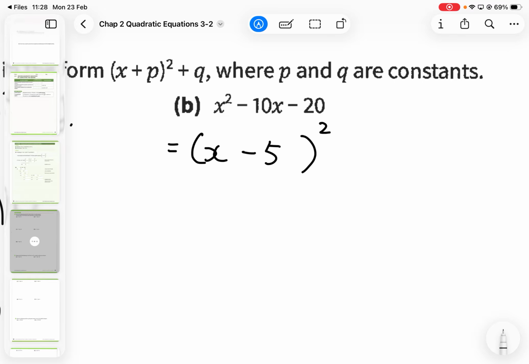I will get minus 5. Because I write minus 5 here, I will create another extra 5 squared. So I have to minus back this 5 squared. Whatever is right here, I minus the square of it. Then my minus 20 I put behind. This is my answer already.